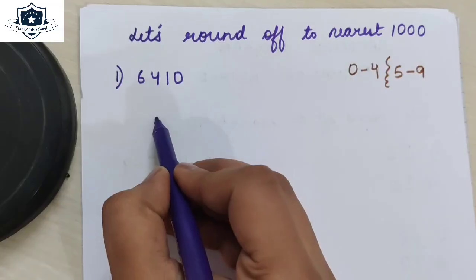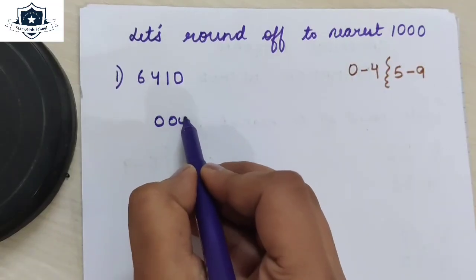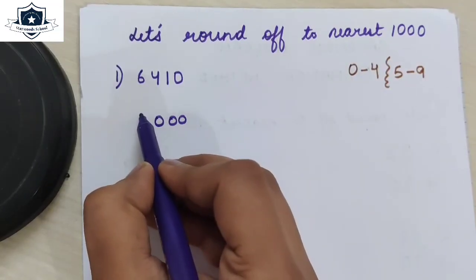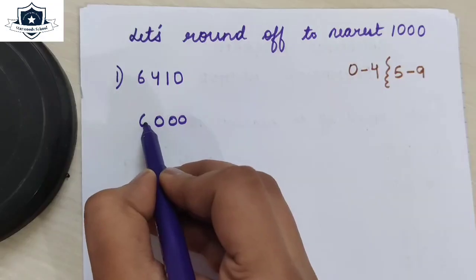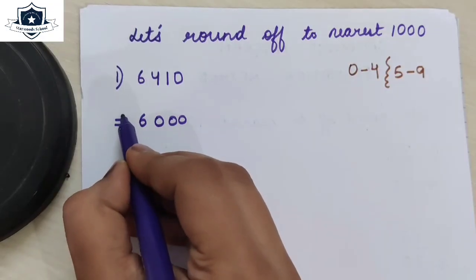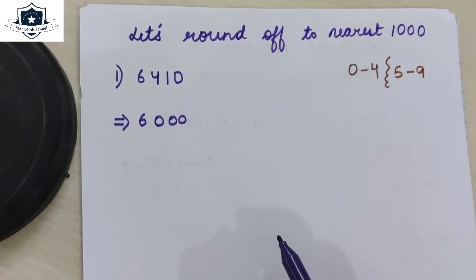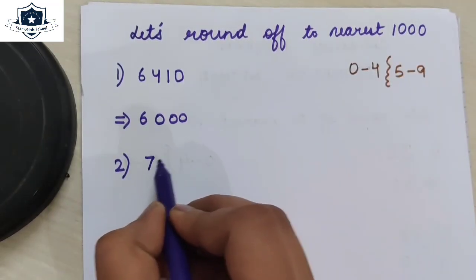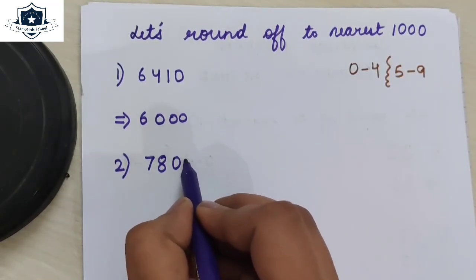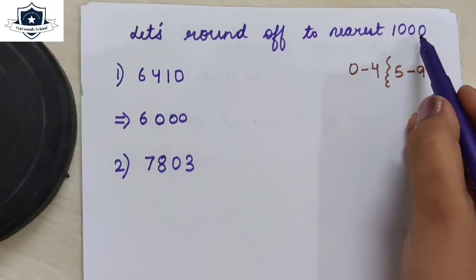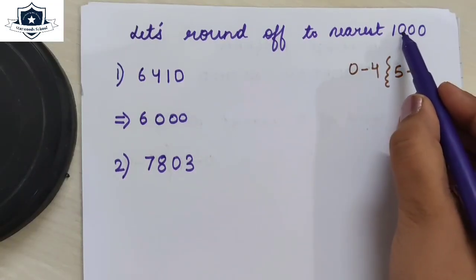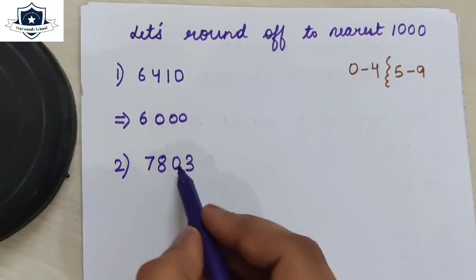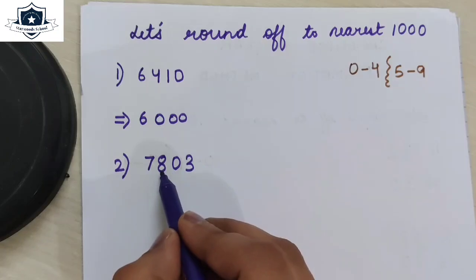So when it is in lesser bracket, this will be 0. The other two will be 0. And this will be copied as it is. So the answer is 6,000. Let's take up another example. 7803. Now as I told, 3 places, we have to consider the third place.